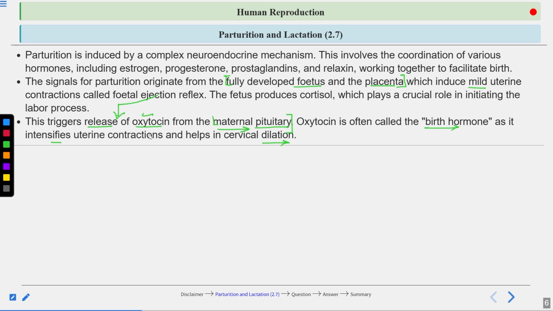So this oxytocin hormone will intensify the uterine contraction. Slowly this contraction will become more intense, and it will lead to the expulsion of the fetus through the birth canal or through the vagina.